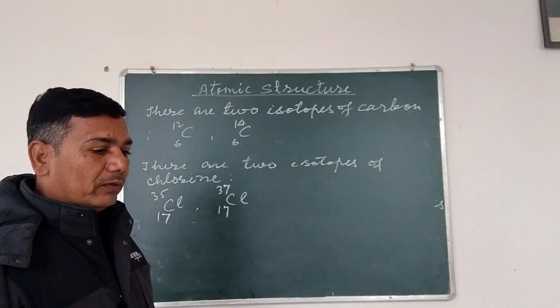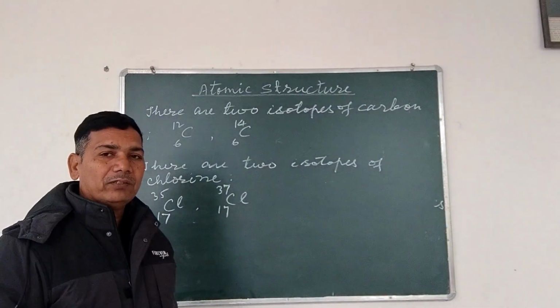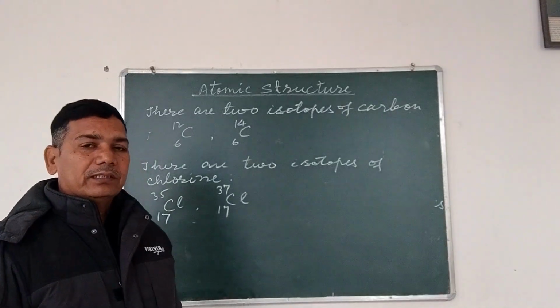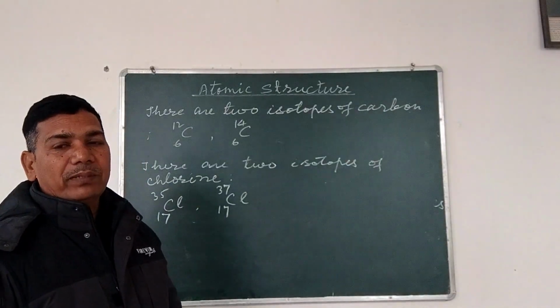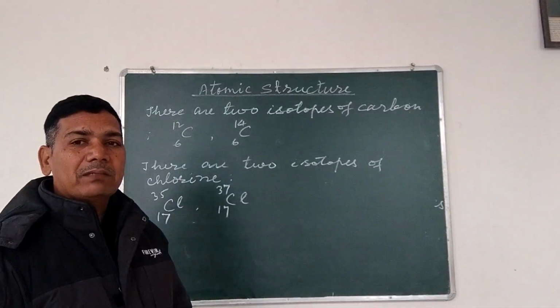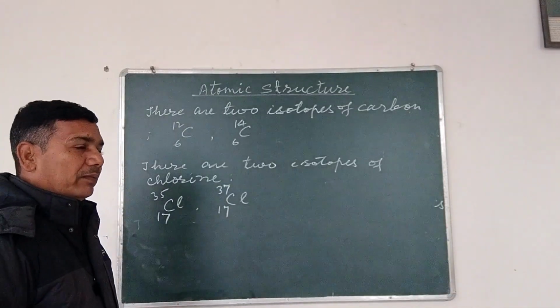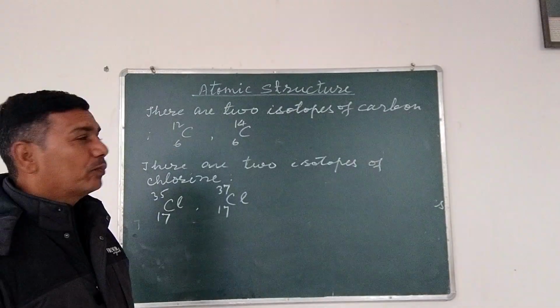So while remembering the atomic mass, we usually remember the average mass of the element. How to find the average mass of an element if the percentages of its isotopes are given?